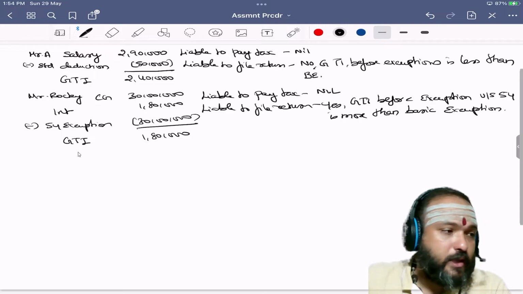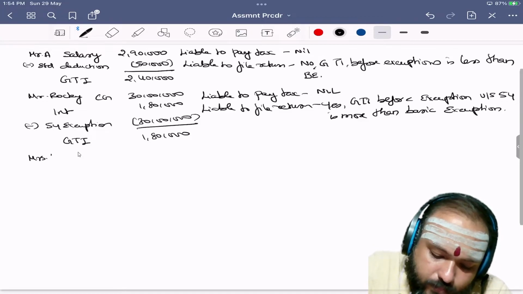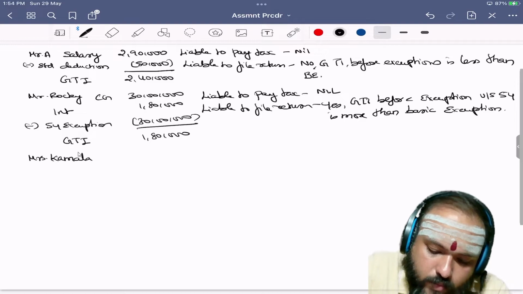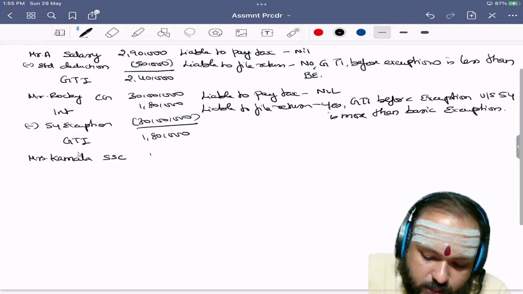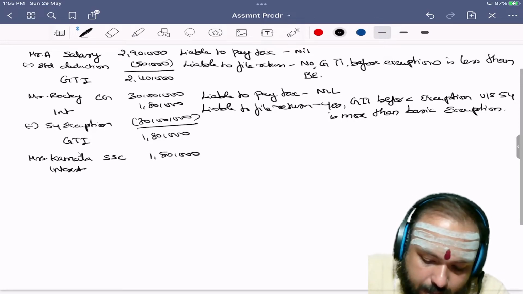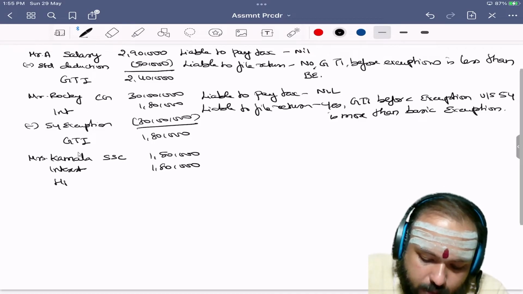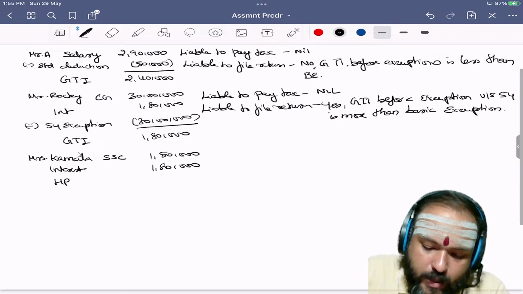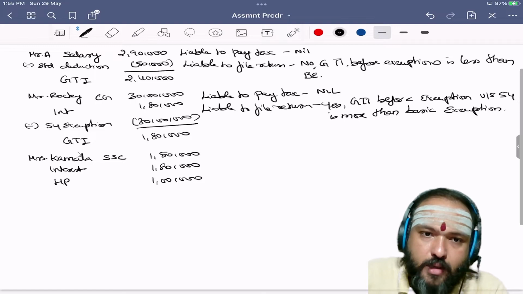Okay. Now, come to the next example. Mrs. Kamala, age 83. So, which means what? She's a super senior citizen. So, what is her pension? Pension is 1,50,000. Now, interest income is 1,80,000. And house property income computed. Let us assume the final computed numbers are given, with no deductions or exemptions now.